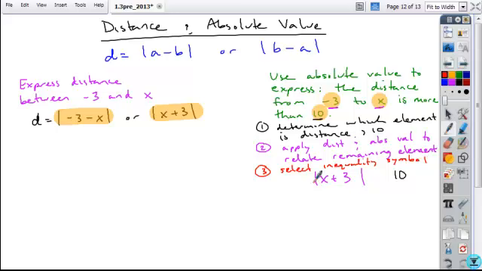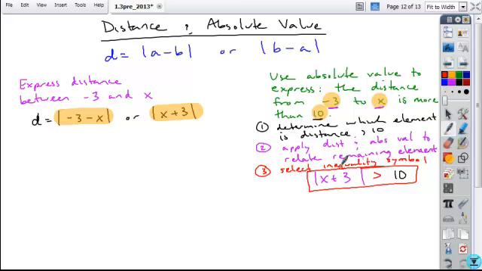In order for us to show that the distance from x to -3 is more than 10, does that mean it can be greater than 10 or less than 10? It has to be greater than. Can it equal 10? No, so it's just left in that form. And this is how we would write our answer.